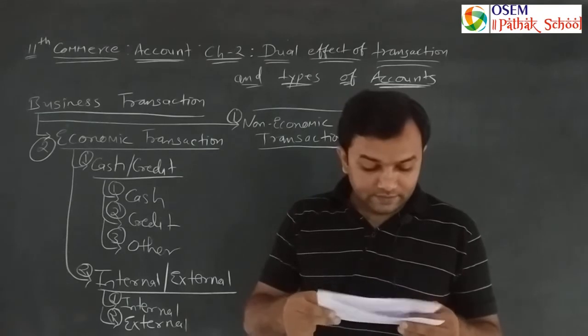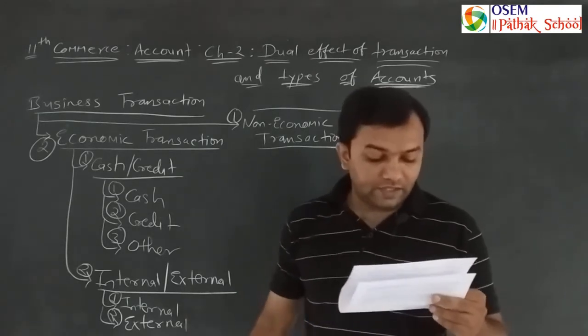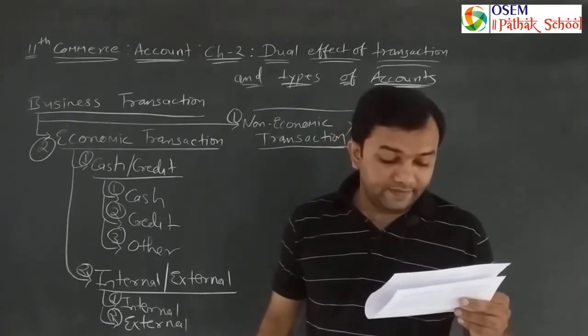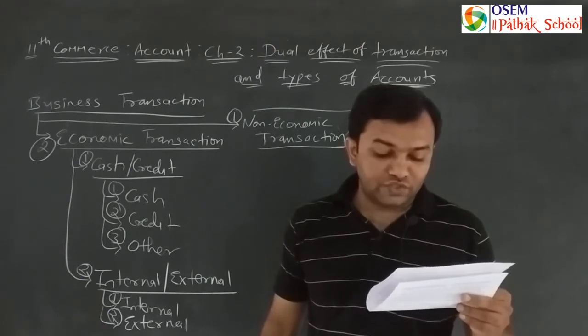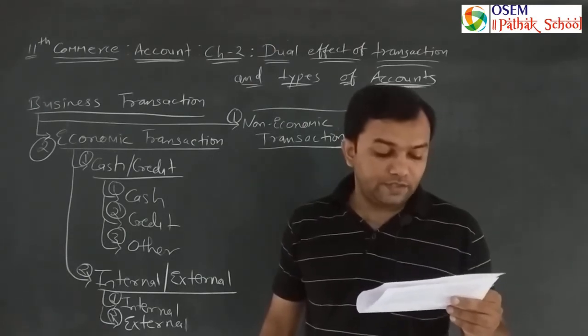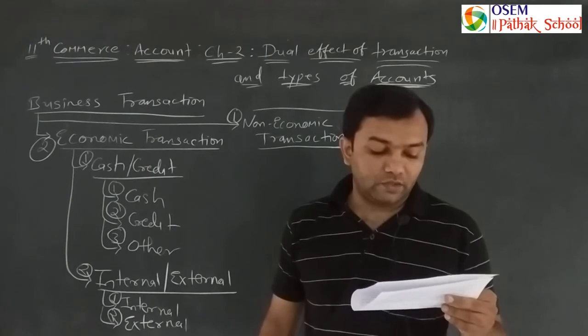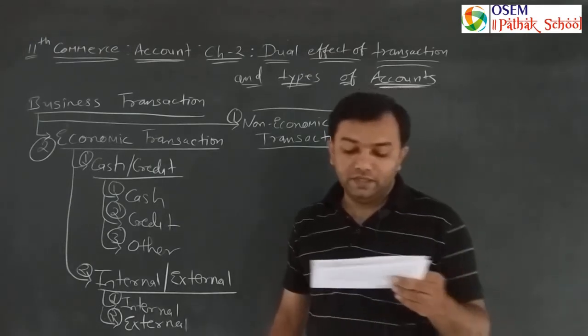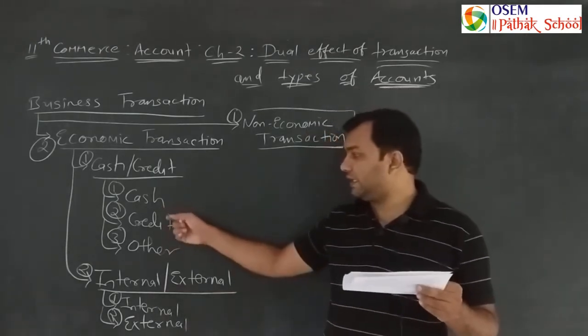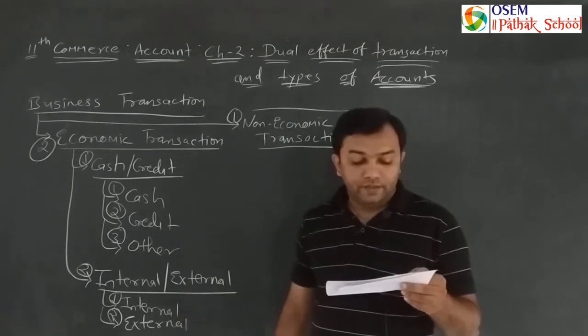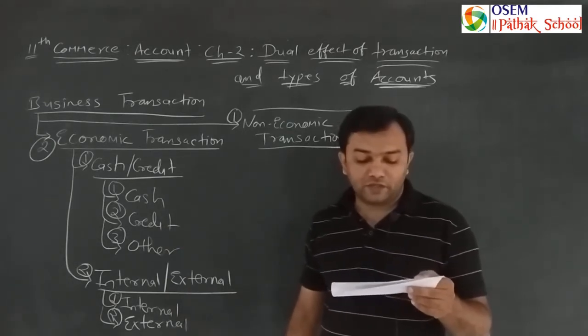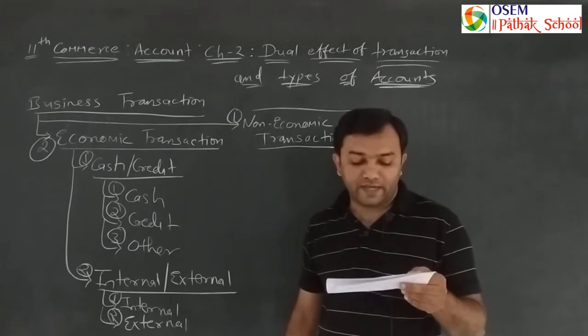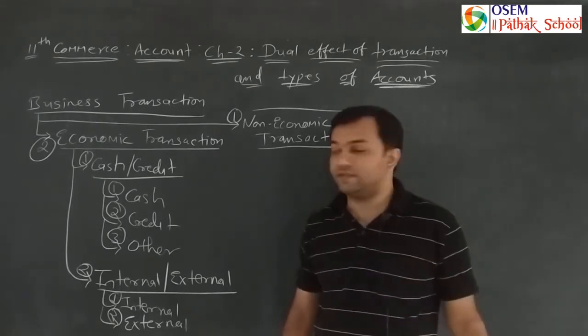Next, the last line: transactions at present keeping in view the proposed exchange of money in future, which create a relationship of debtor or creditor, are included in economic transactions, that is, credit transactions. There are two important aspects of economic transaction. First, exchange of cash for asset, goods or services.